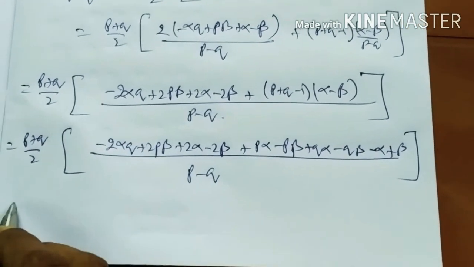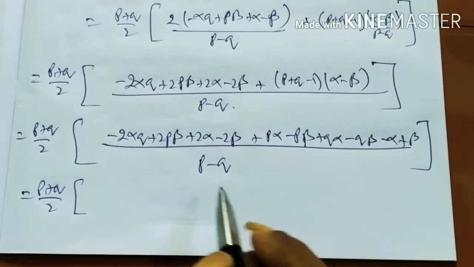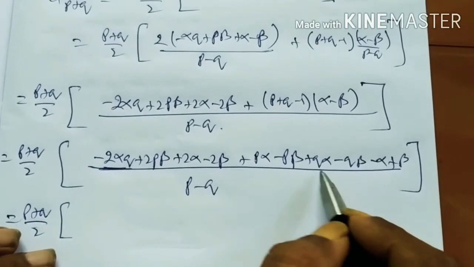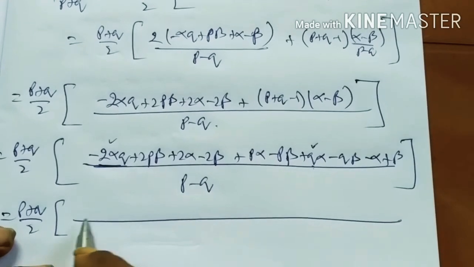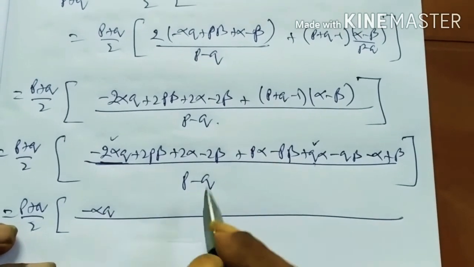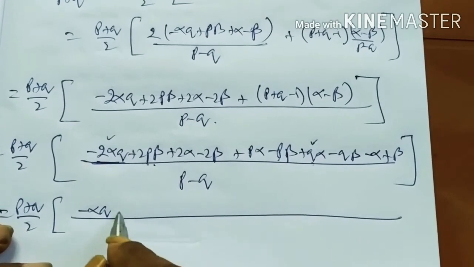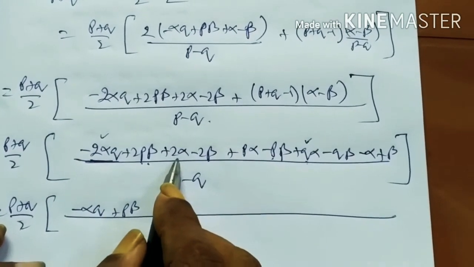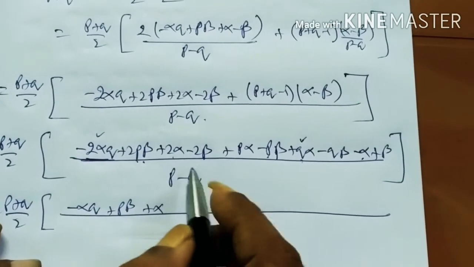Now you see one thing here, (p plus q) by 2. Here you see minus 2q alpha and q alpha, these two come out to be minus alpha q. 2p beta and minus p beta, that is p beta. Plus 2 alpha and minus alpha, it is plus alpha.